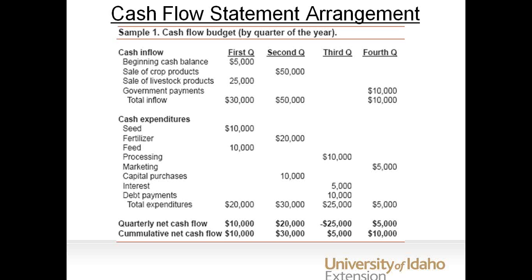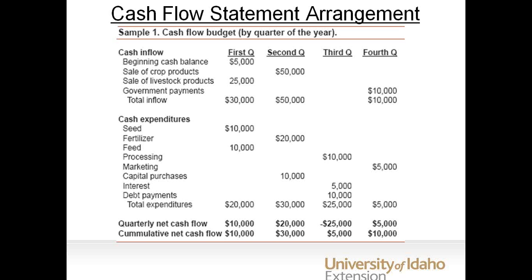It includes off-farm income. It includes any kind of income coming into the farm, used by the farm, government payments, government programs, sales of crops, sales of livestock, and then all expenditures to do with the farm. So seed, fertilizer, you see the list there.